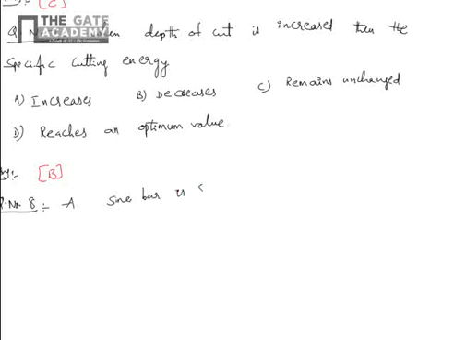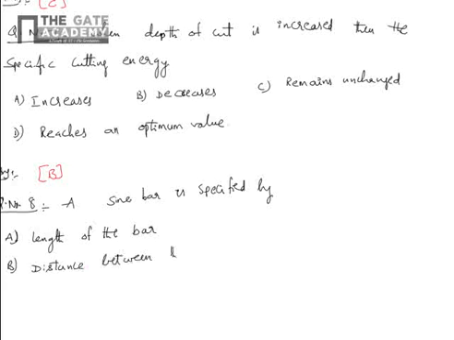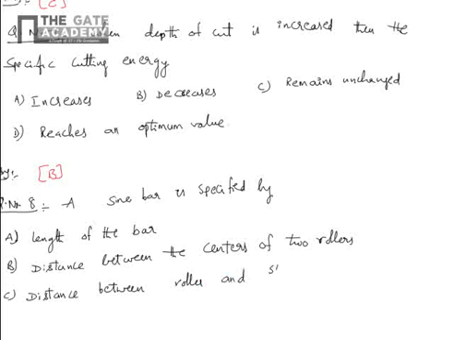A sine bar is specified by: option A, length of the bar, option B, distance between the centers of the two rollers, option C, distance between the roller and slip gauge, option D, size of the rollers.